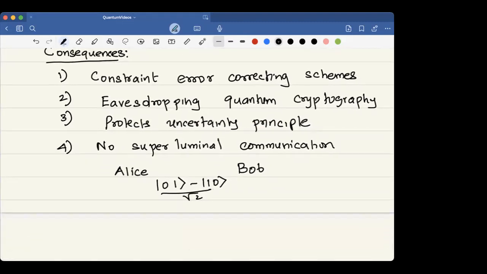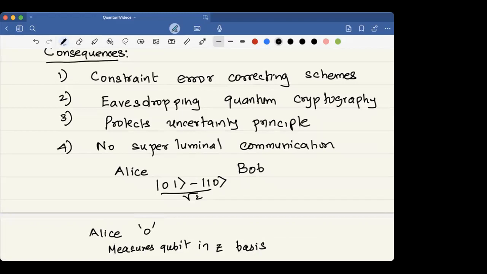Then one scheme of superluminal communication could be that if Alice wants to transmit a 0, then she measures her qubit in the Z basis.